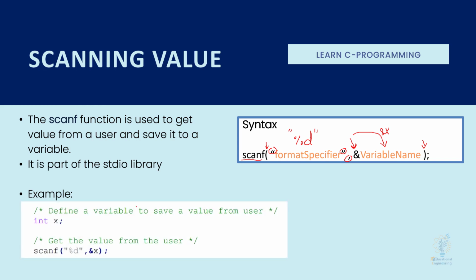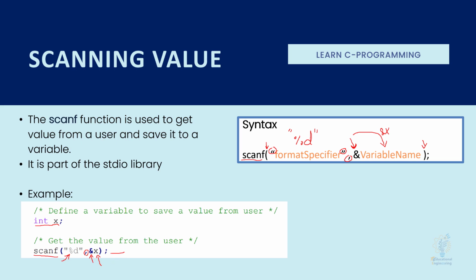So we will write &x. Now this is an example. As you can see, here we defined a variable. We called it x, int x, and then we use scanf with these two parts. The first part is the format specifier, then a comma, then the ampersand sign, then the variable name.